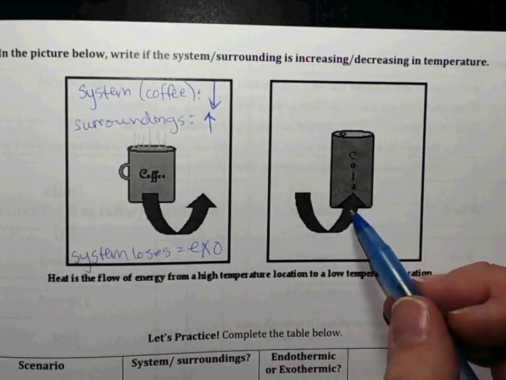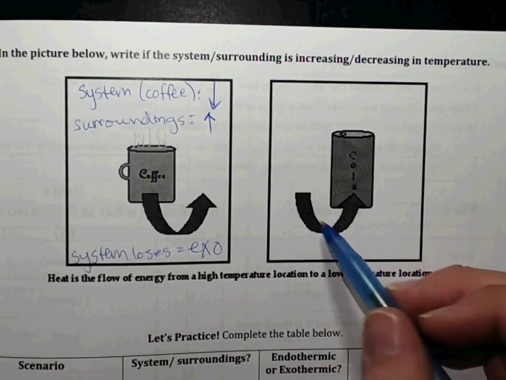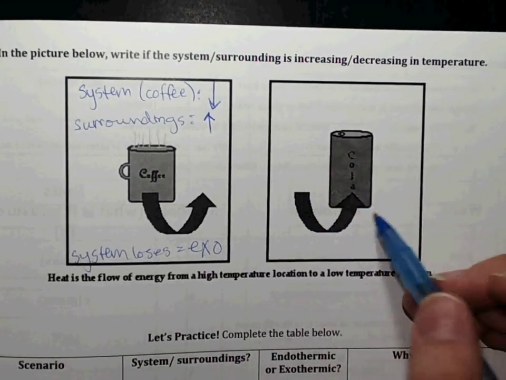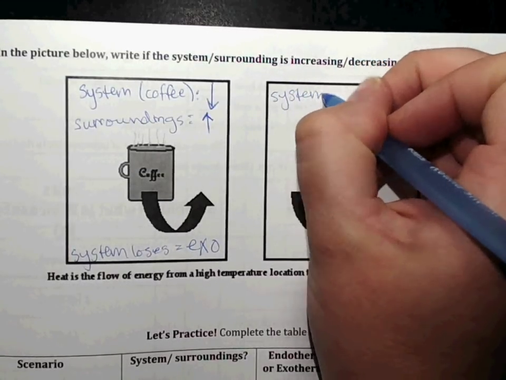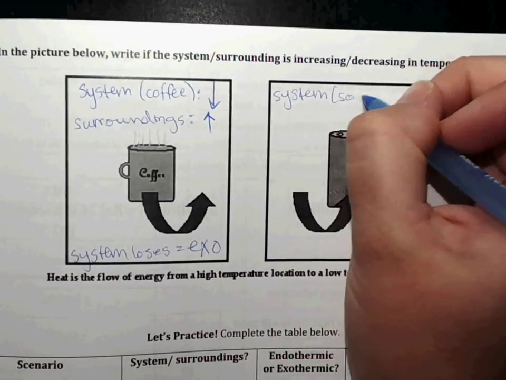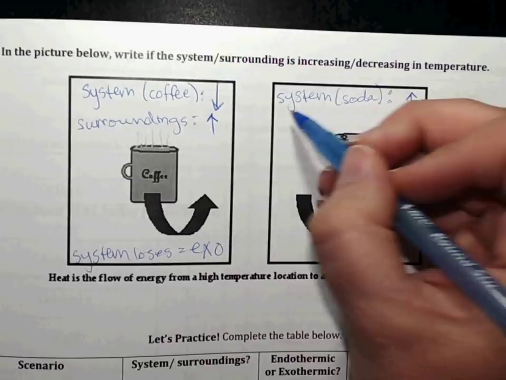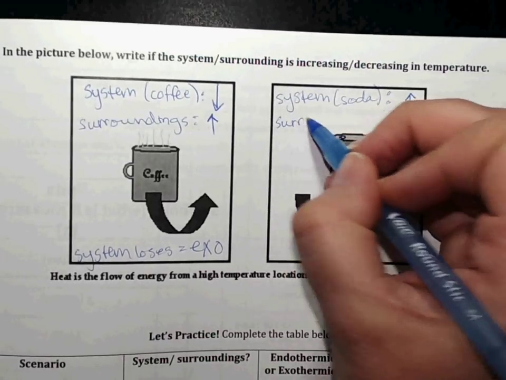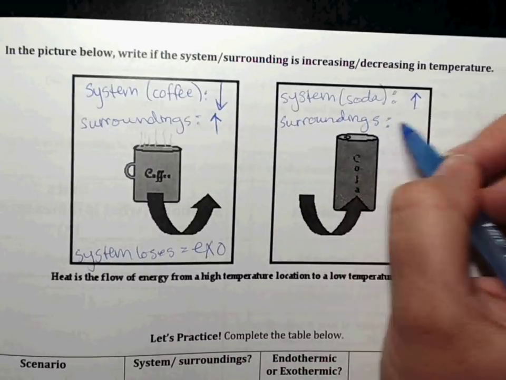Here you have a cold cola, can of soda from the fridge, and heat is going into the can, so the system, the soda, is increasing in heat while the surroundings are losing their heat. The soda's taking it from the surroundings, so they are losing their heat.